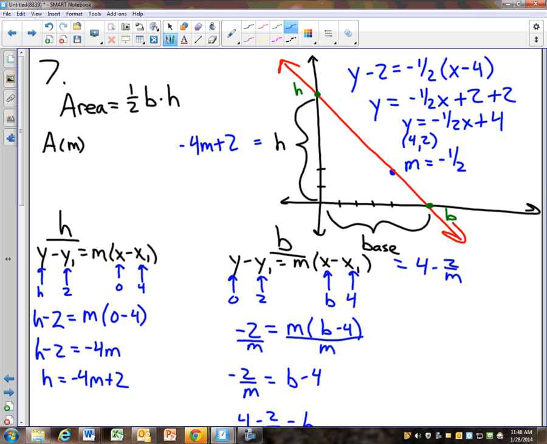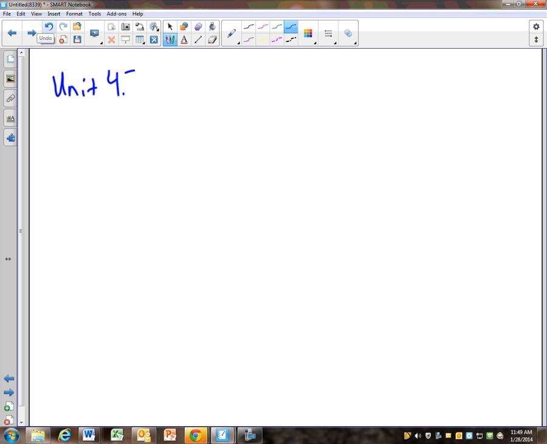Tomorrow we will do the famous gutter problem. Section .7, page 285.